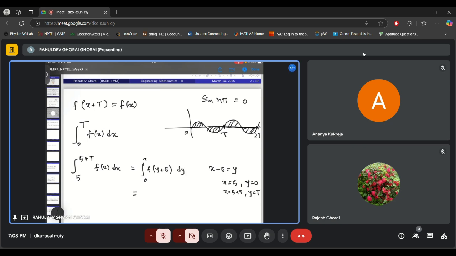So what you get is the integral from 0 to T of f(y + 5) dy.